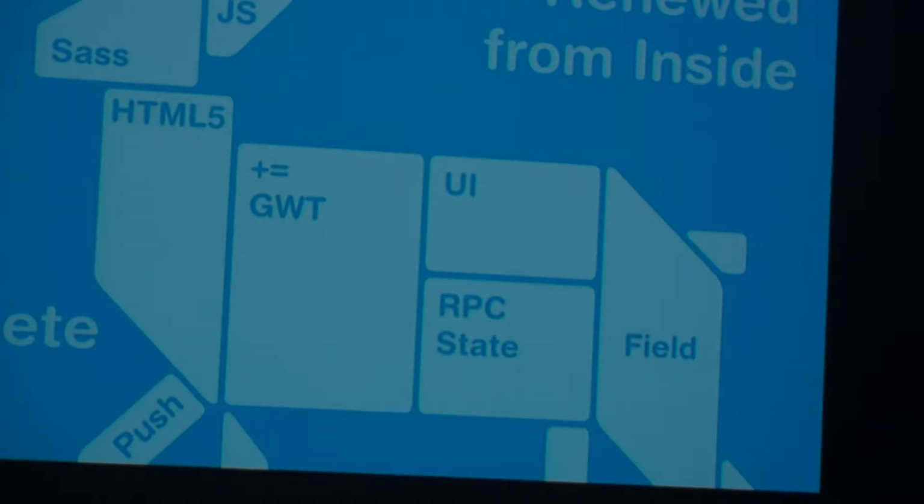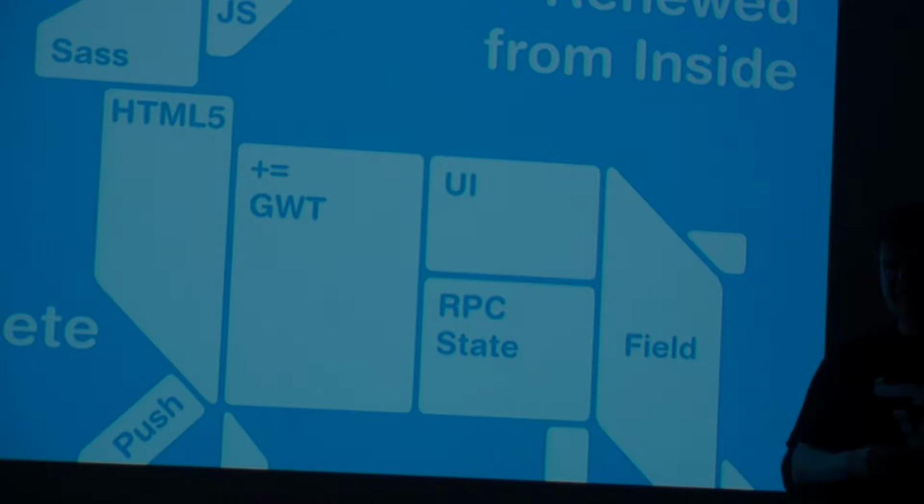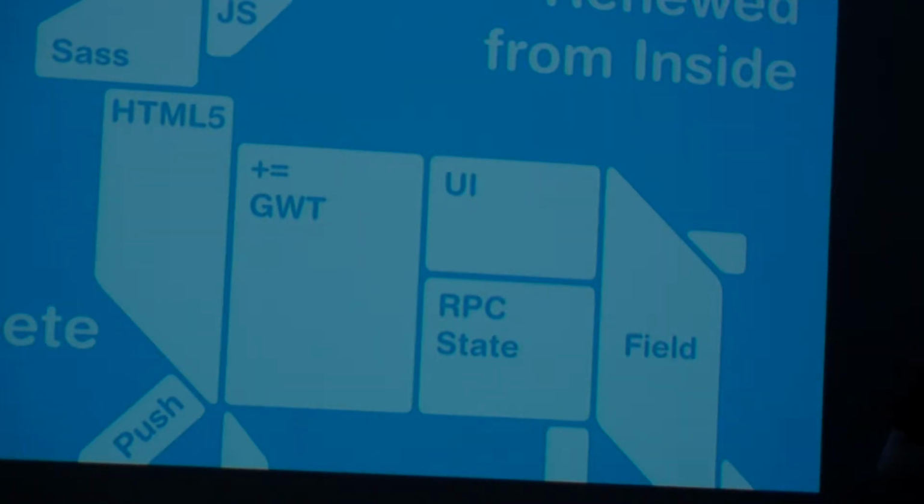We didn't do a rewrite, but we changed many parts of the framework. We added all the fancy new stuff, starting from HTML5 support and a built-in SASS compiler. We added full support for building UIs in JavaScript as well, and so forth.